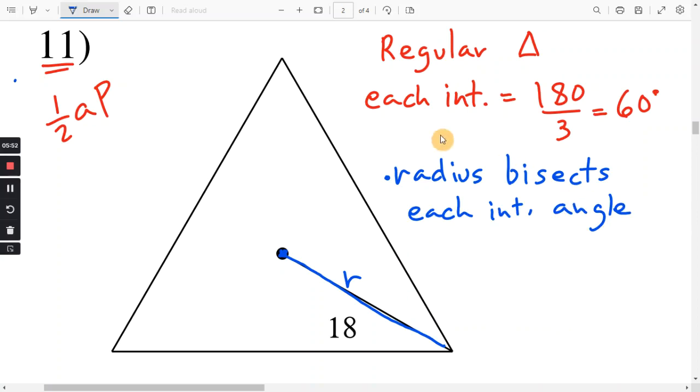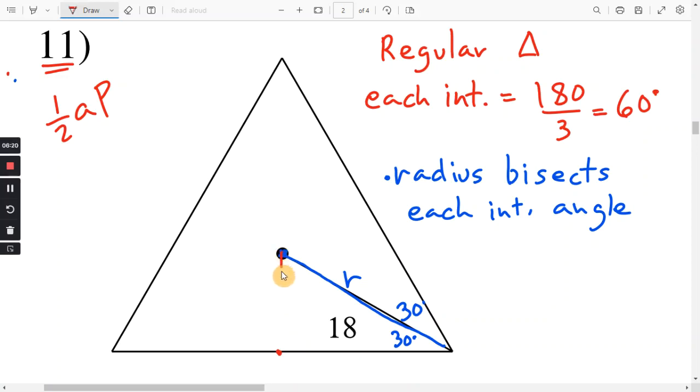So if each interior angle is 60 and the radius cuts it in half, this one right here is just going to be 30 degrees, and this one right here is just going to be 30 degrees. Now I'm going to draw in the apothem. Recall that the apothem goes from the center of the circle to the center of one of the sides.